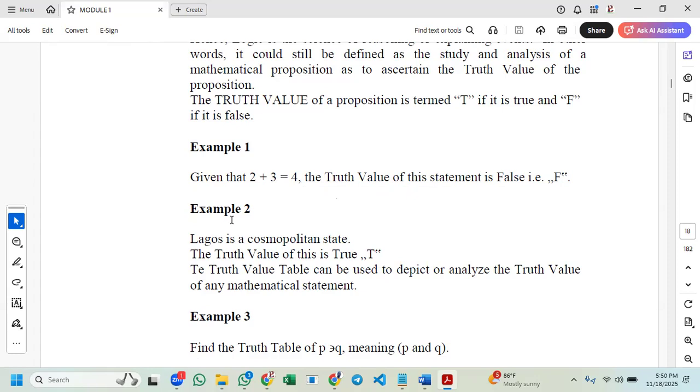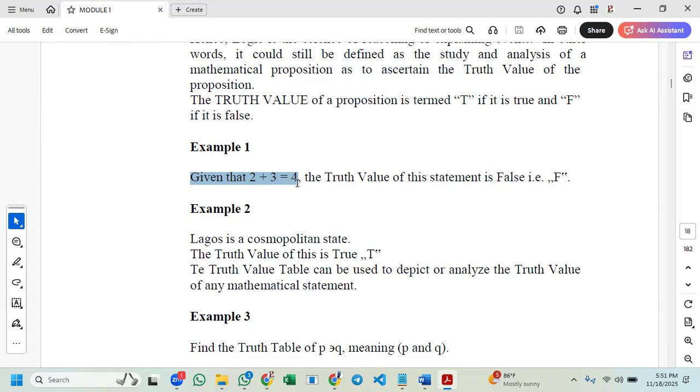Now, this is another example, example 2. Under T and F, which is true and false, all you just need to check is if what they are asking you, the condition or the proposition, is true. This is a proposition now. Somebody is proposing something to you. Like if I'm telling you that I want to travel to the US tomorrow, I'm only proposing that to you.